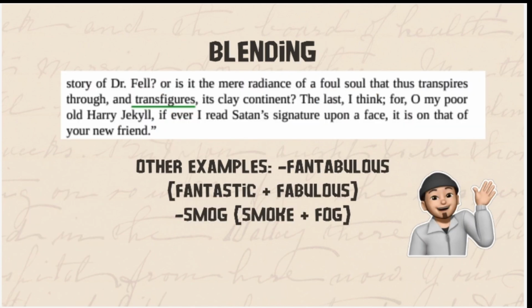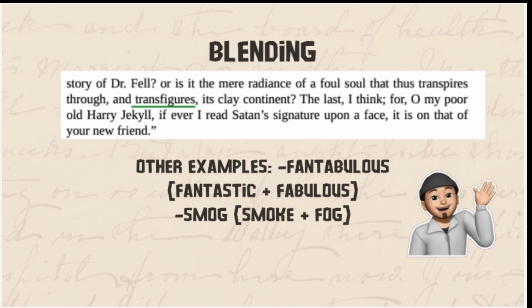In the text, we can find an example of blending in the sentence: "Or is it the mere radiance of a foul soul that does transpire through and transfigures its clay continent? The last, I think. For oh my poor old Harry Jekyll, etc." In this case, the words trans and figure are being joined.